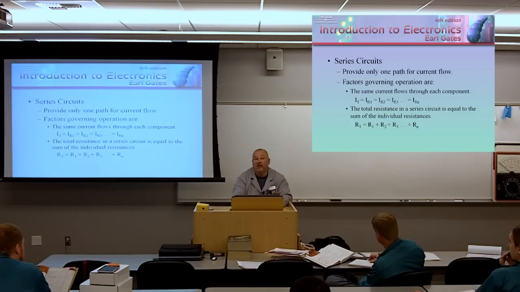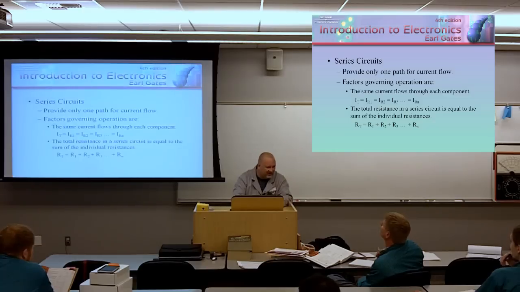If you've got a string where one bulb burns out and maybe 10 other bulbs go out, what does it tell you about those 10 other bulbs? They're all in series. The whole string may be a combination circuit, but that individual section that went out is in series.